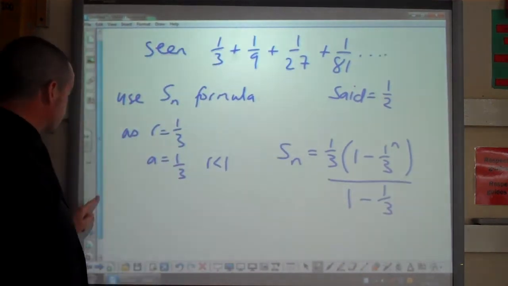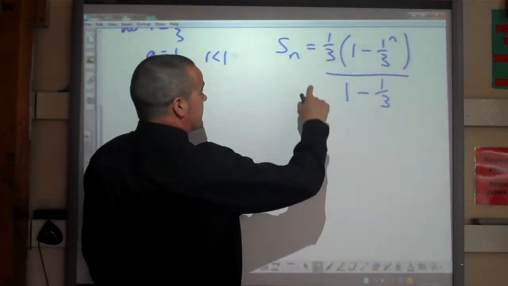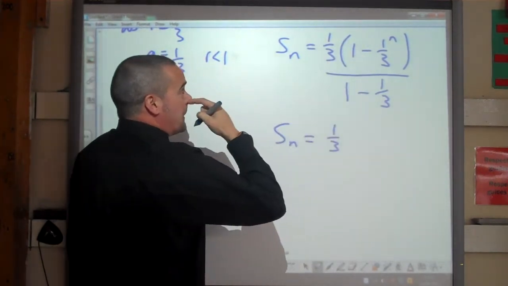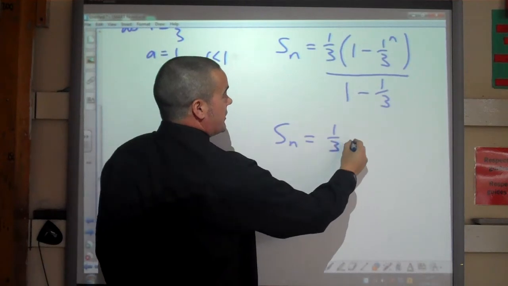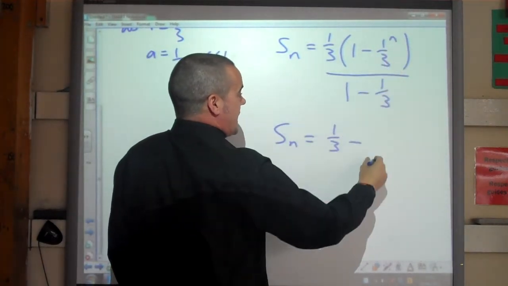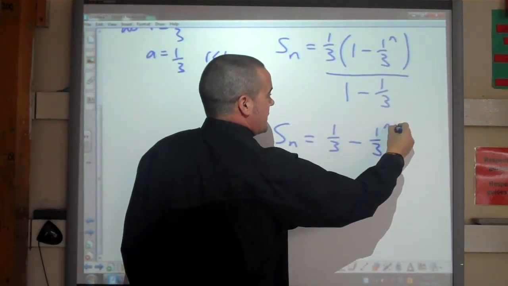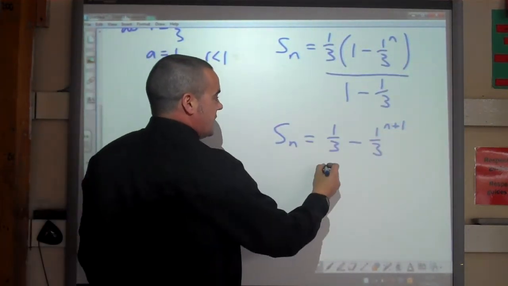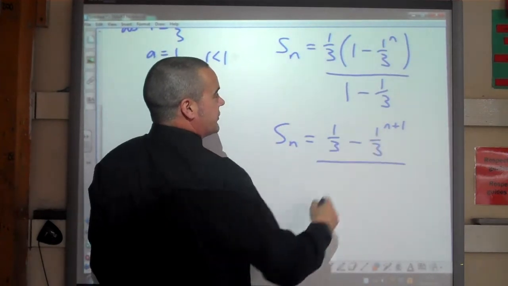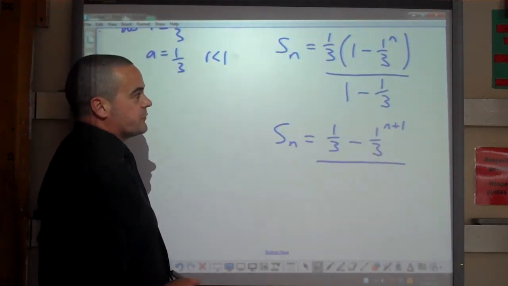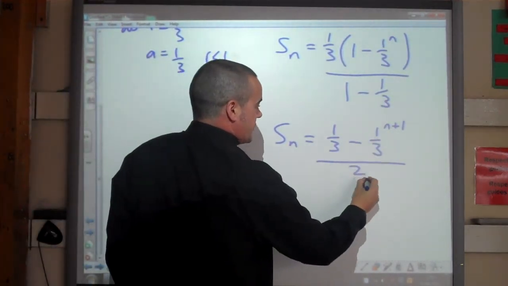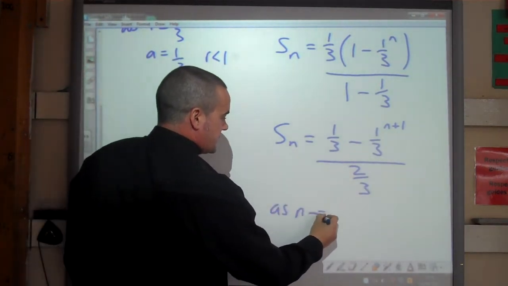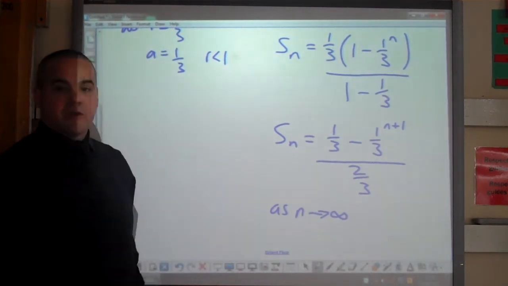Okay? Now, in this case, Sn would equal, if I multiply the top bit out, a third times 1 is a third, and a third times a third to the n is a third to the n plus 1. Then I can divide by 1 minus a third, which is 2/3. Now, as n tends to infinity, it's bigger and bigger and bigger.